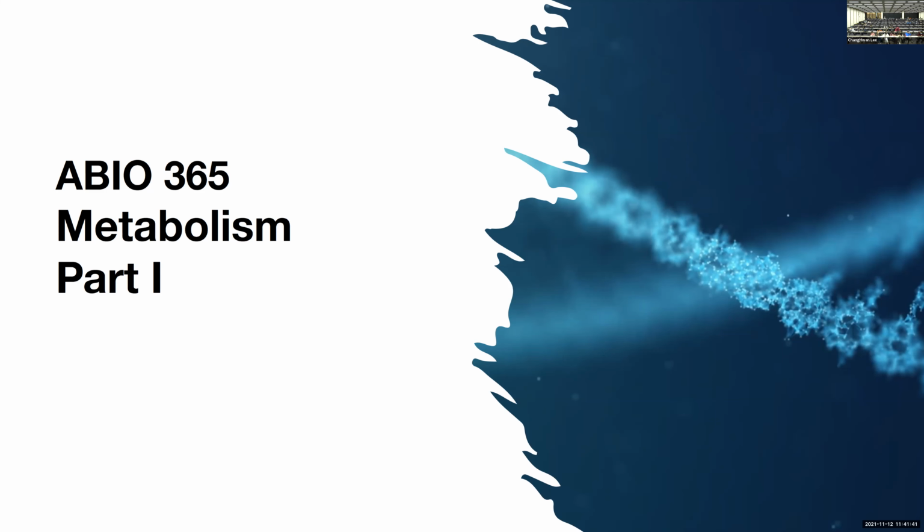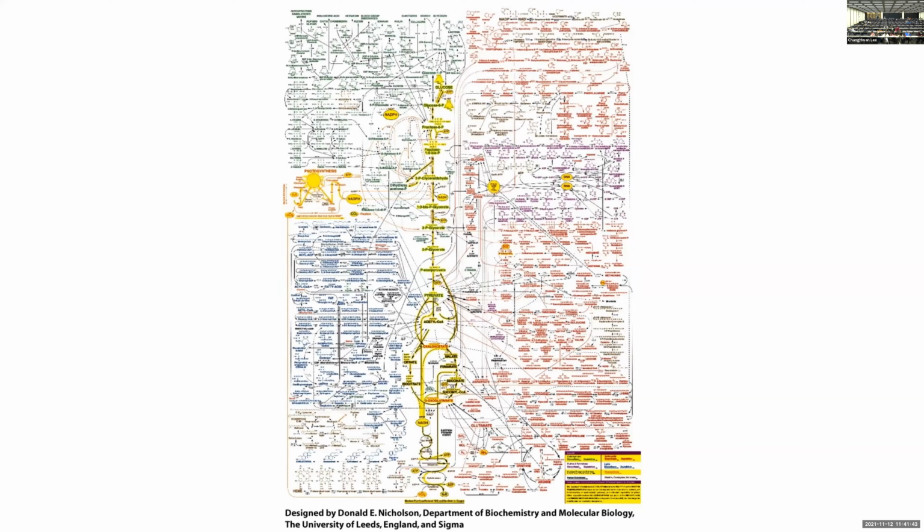All right, so this is a simplified version of the old maps or the flows of the molecules that are involved in metabolism. And again, this is just a simplified version. You can see this green portion is basically for the sugars.